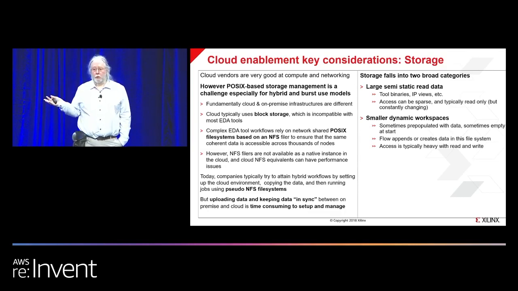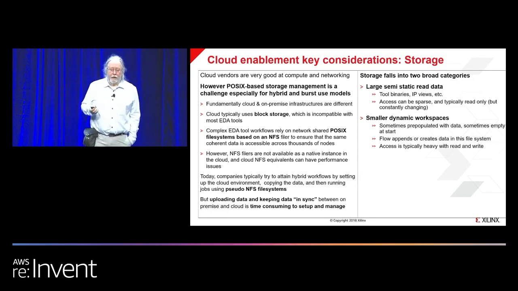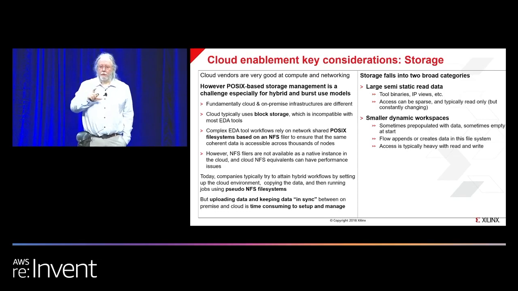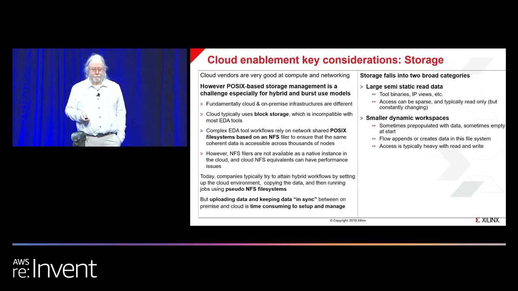You can spend an awful lot of time talking to those engineers about how that's not true and try to convince them. Eventually, you just fall into the fake news bucket. Nobody believes you anymore. Or you can just tell them it's ephemeral. The data's only there while the job's running, and it goes away afterwards. It's a much easier argument to have because then you just move on and go out and have lunch and hopefully get some beer. So storage is tricky both from a technical perspective and, I wouldn't say real security, it's the perception of security, which is a real problem, but slightly different from real security.